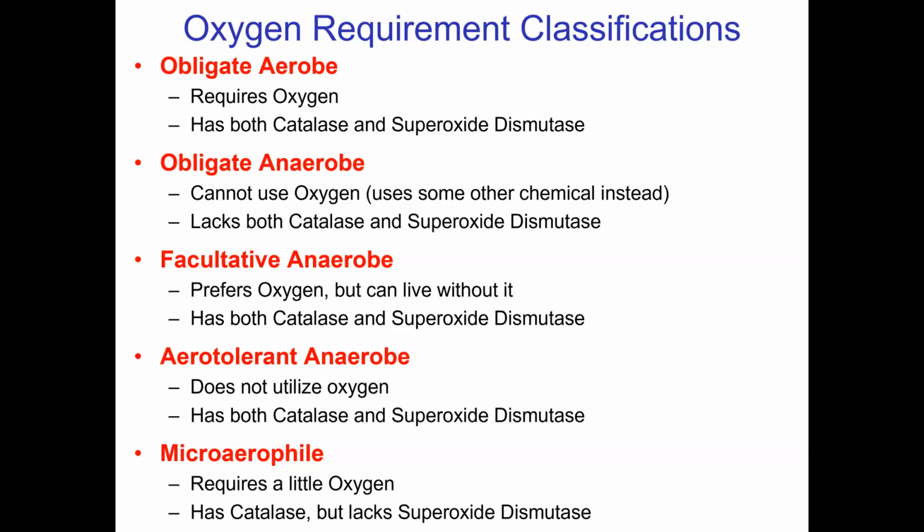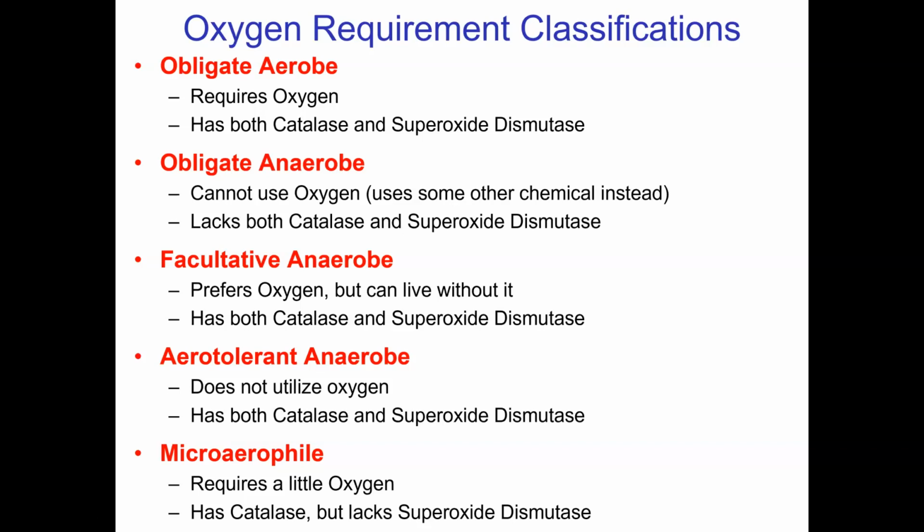Now, the toughest buggers are the facultative anaerobes. Okay, now facultative, right? Flexible. Anaerobe is a bit of a misnomer here. Most facultative anaerobes actually prefer oxygen. They do better when it's around. But when it's absent, they don't just curl up and die. Not like the obligate aerobes.